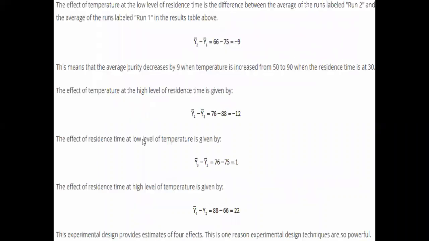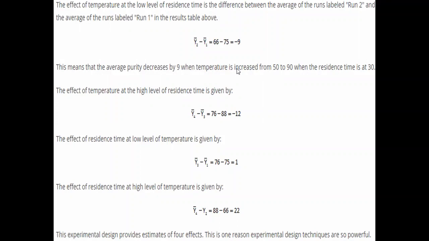So likewise, the effect of temperature at low level: y2 minus y1, 66 minus 75, equals minus 9. This means that the average purity decreases by 9, because we got the value minus 9.